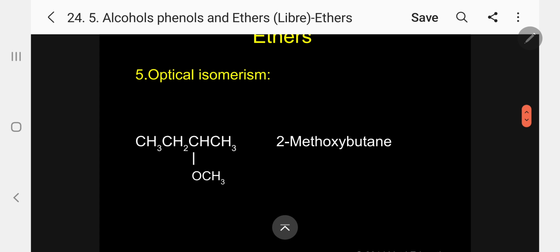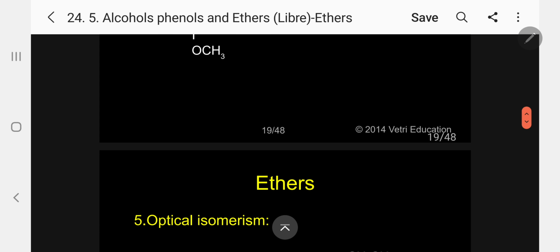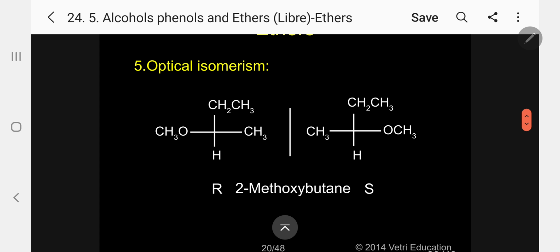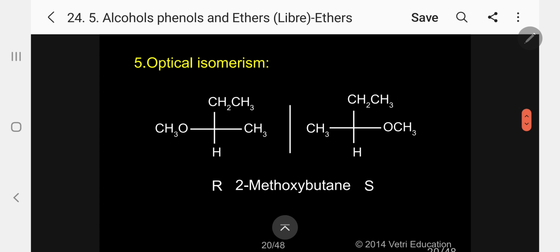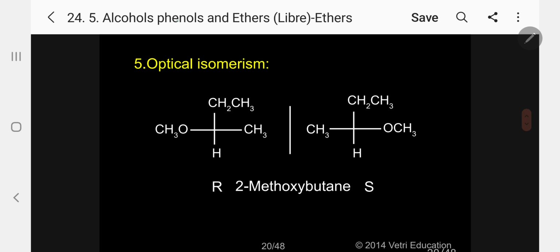Kindly follow. Coming to optical isomerism, 2-methoxybutane is an example of optical isomerism. In this case, I already told you this is the method you have to follow. At the bottom you write H, CH3 here, CH2OH here, and on the right side you write the CH3OCH3. This is the way you write this. For any functional group compound you can write optical isomerism, so optical isomerism is always possible.